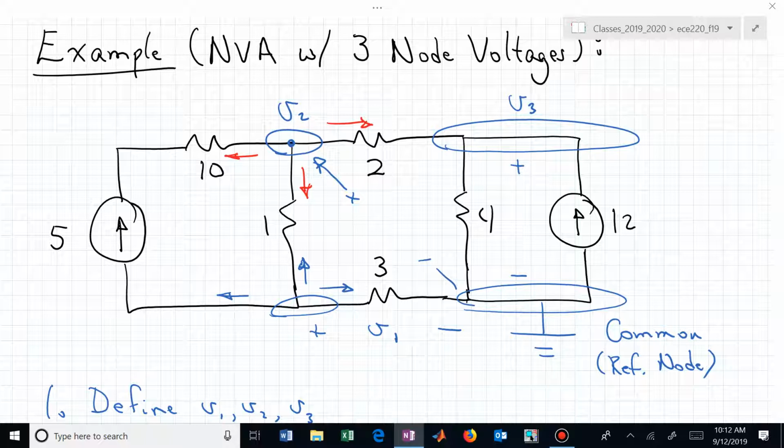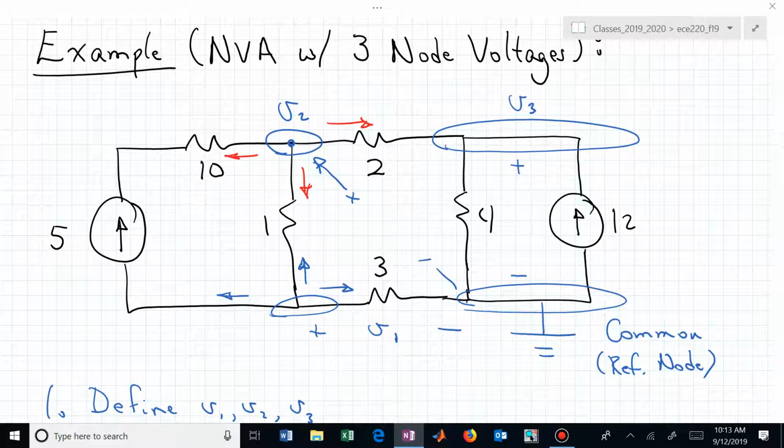Now, the current going to the left out of node 2 is what? Is it V1 minus 5 divided by 10? No, it's not. That 5 is a current source, isn't it? It's not a voltage source. That current going to the left is actually minus 5.